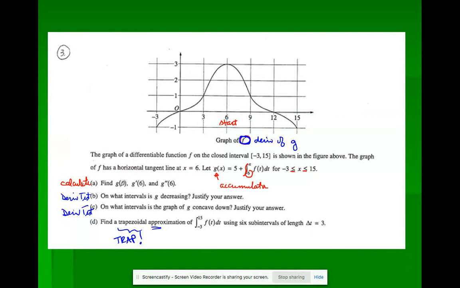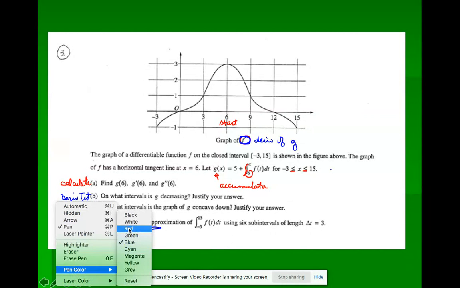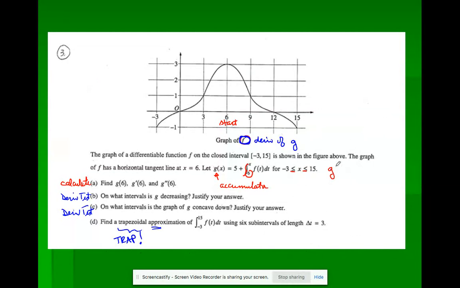But first, they do want me to find some values, right? They want me to plug and chug. So they want me to go to the function g and plug in 6. So g of 6 is actually accumulating, not using the derivative.